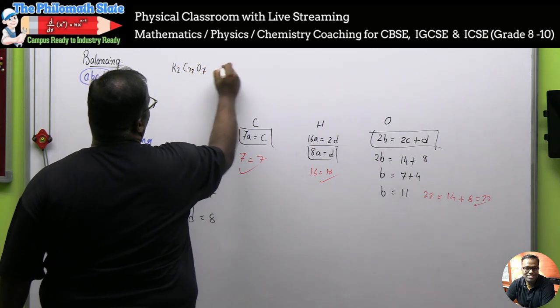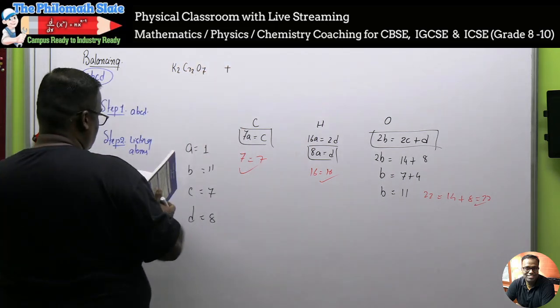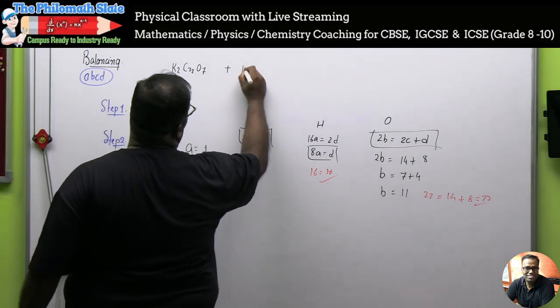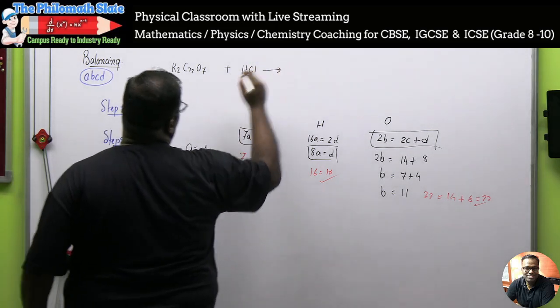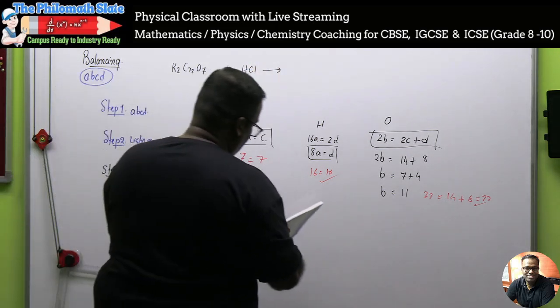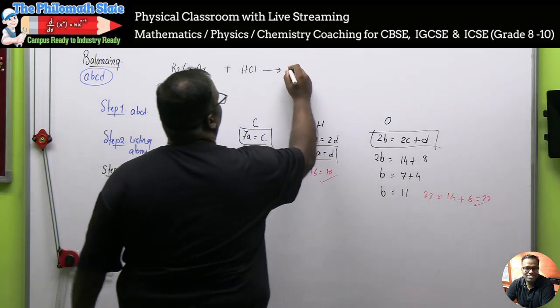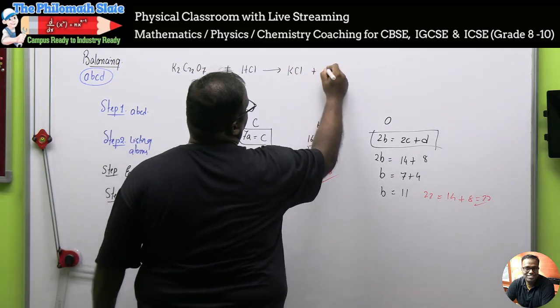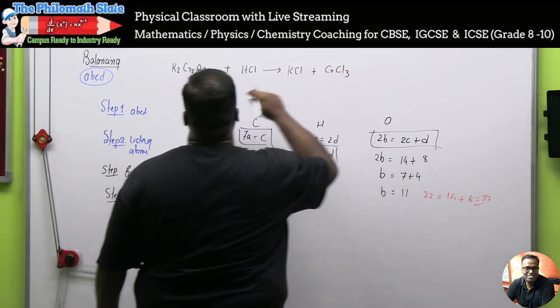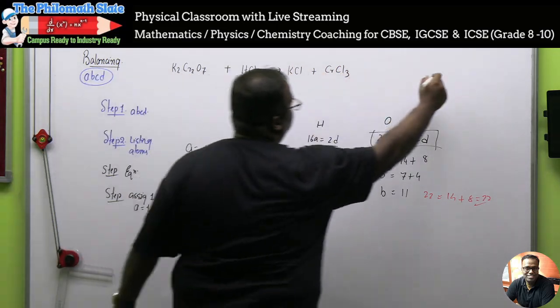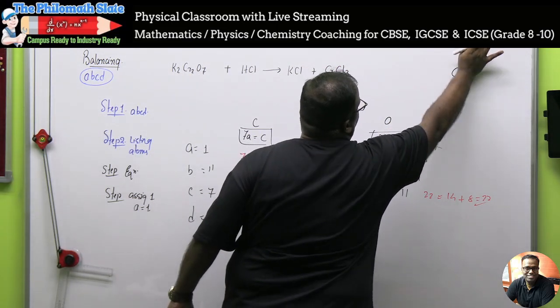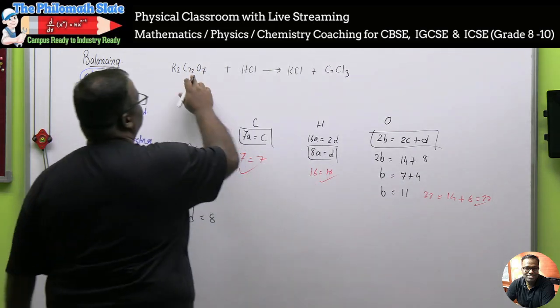K2Cr2O7, potassium dichromate, reacts with hydrochloric acid, gives me potassium chloride. What is after K2? Yes, K2Cr. Cr means chromium, बच्चा. Cr2.